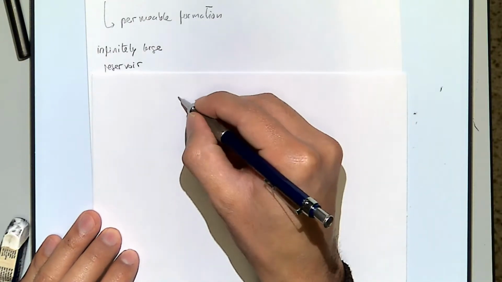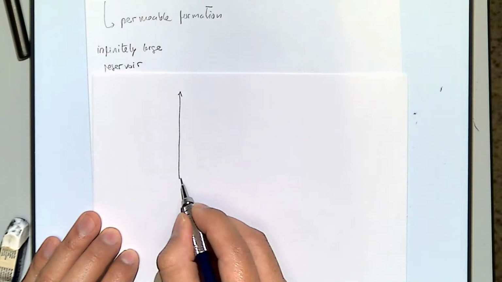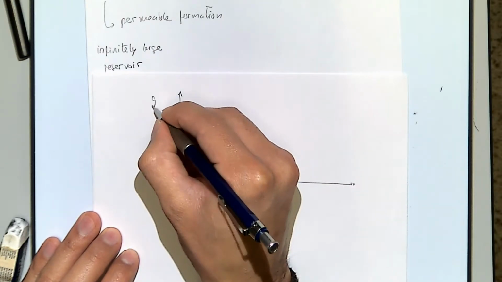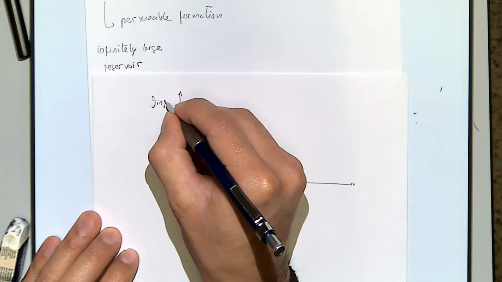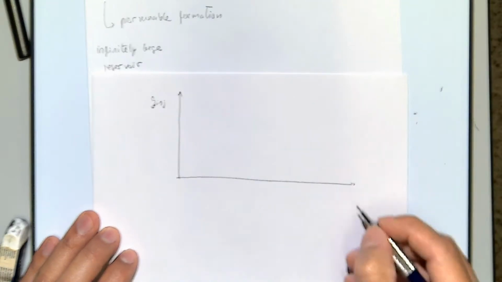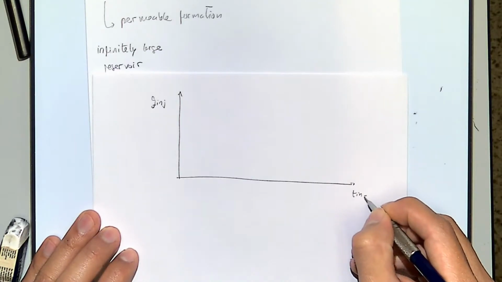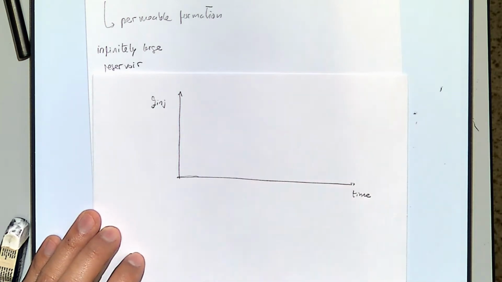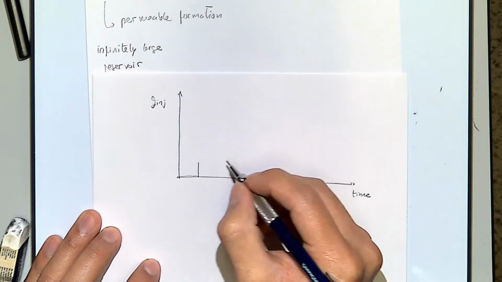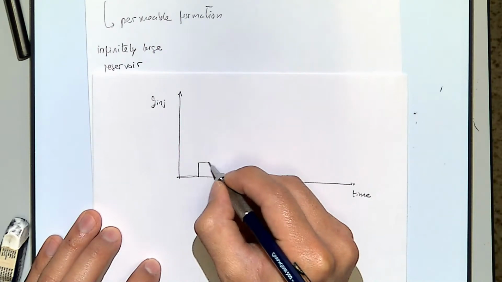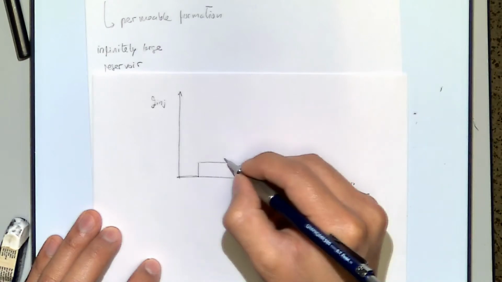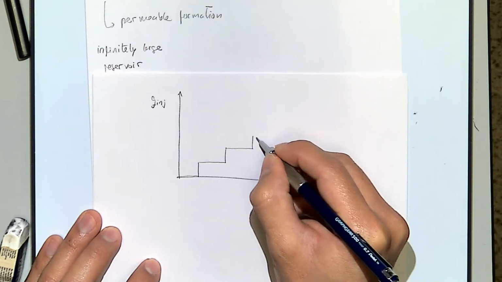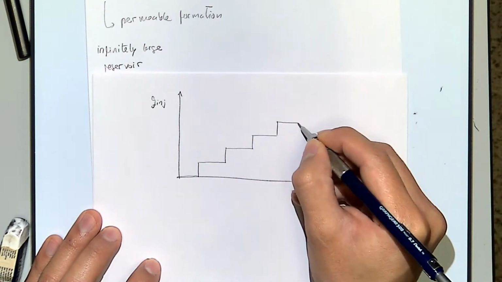It's going to consist of injecting fluid, as the name says, in steps as a function of time, so that at the beginning, let's say this is 0, you ramp the injection rate, and then you wait for some time, and then you ramp it again, and so on.